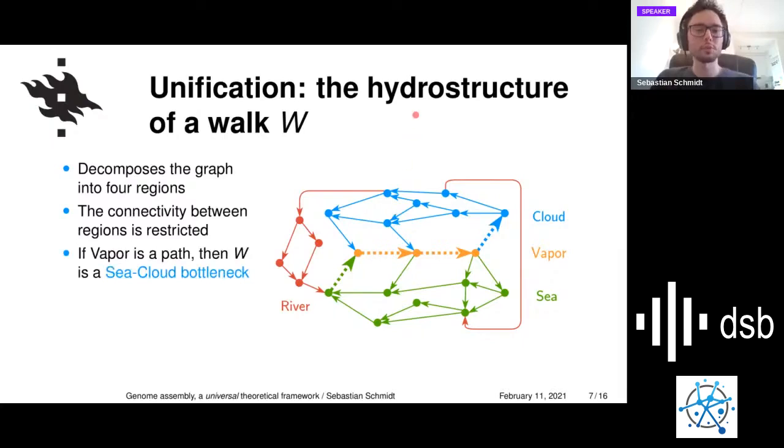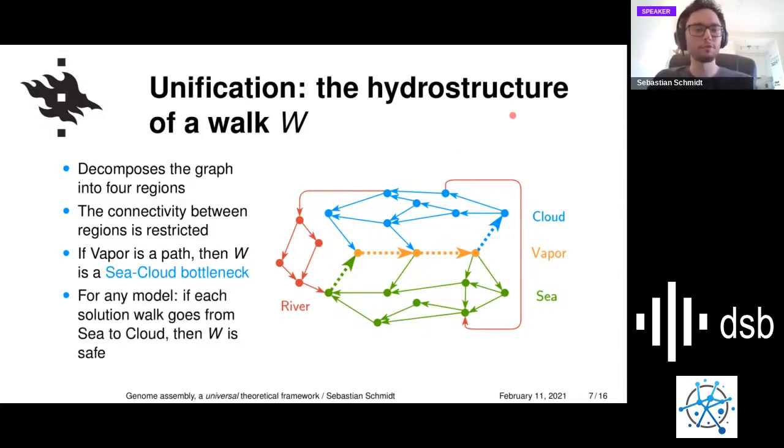And now in the structure, we have a very important property. That is, if this vapor here is a path, then our walk W is a C-cloud bottleneck. What does C-cloud bottleneck mean? C-cloud bottleneck means that whenever we go from C to cloud, we need to use the whole W as a subwalk.